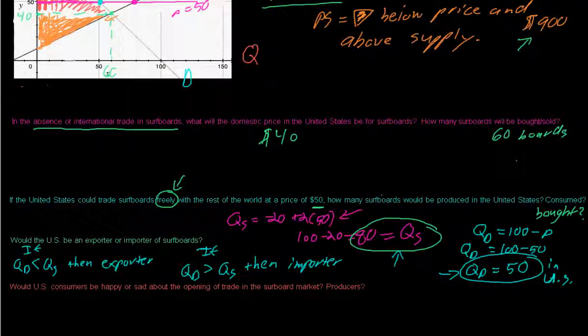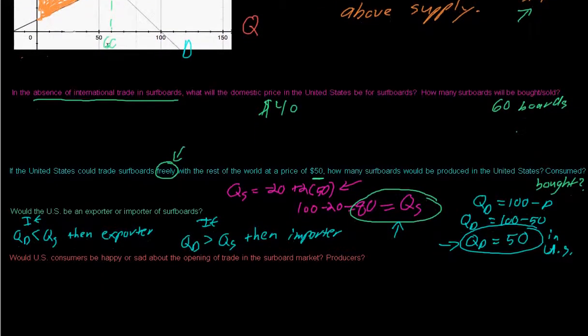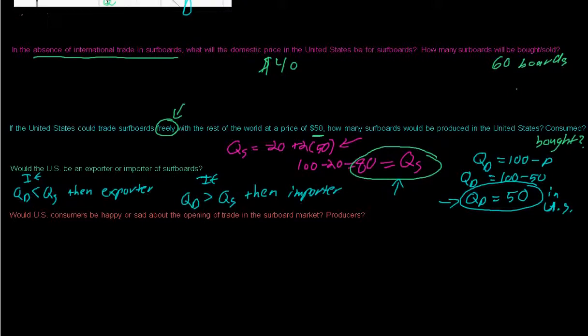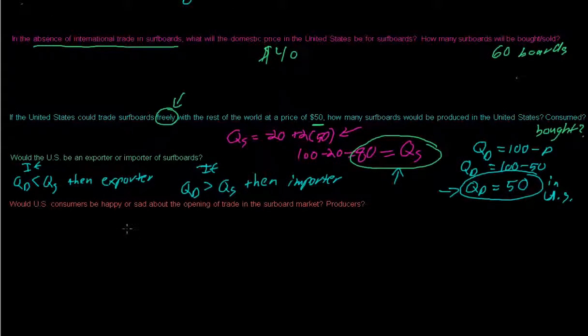So then the last question, and this is the most complicated and the reason I left it for last, is would US consumers be happy or sad about the opening of trade in the surfboard market? So I want to, and then do the same for producers. And so I want to put this into economic terms. Would US consumers be better off with an open trade in the surfboard market?